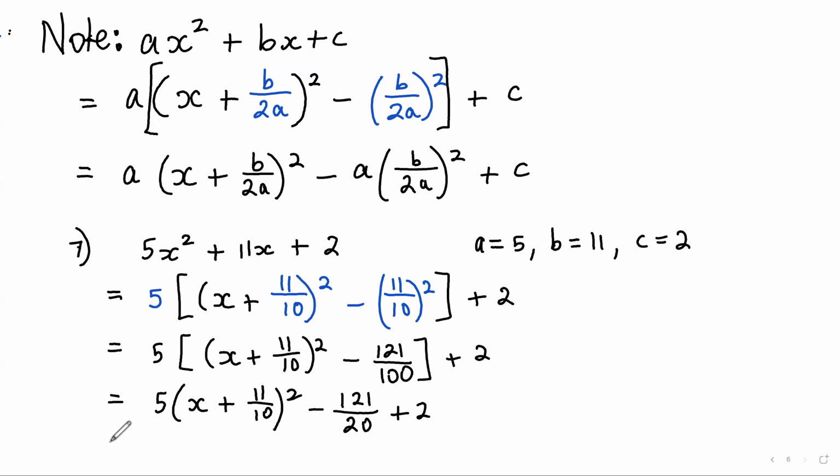And this will give me 5 by x plus 11 over 10, all squared. 2 take away 121 over 20 is negative 4 and 1 over 20. And that's your answer there.